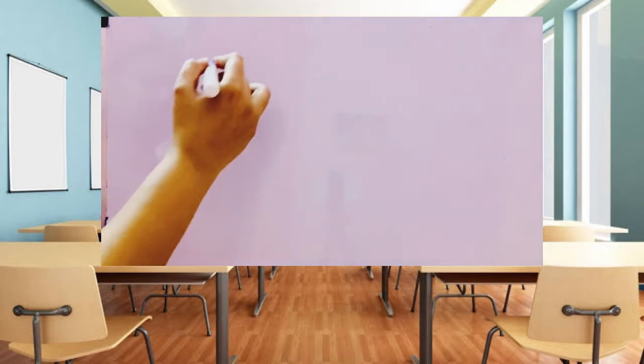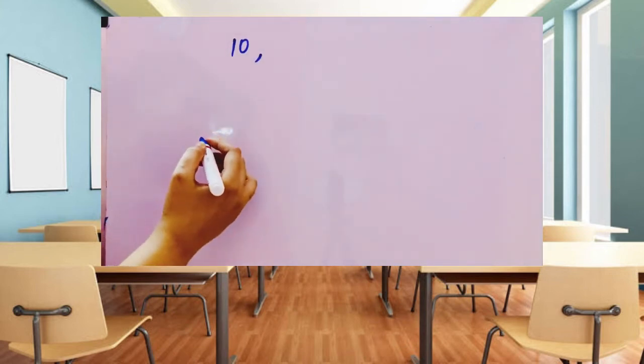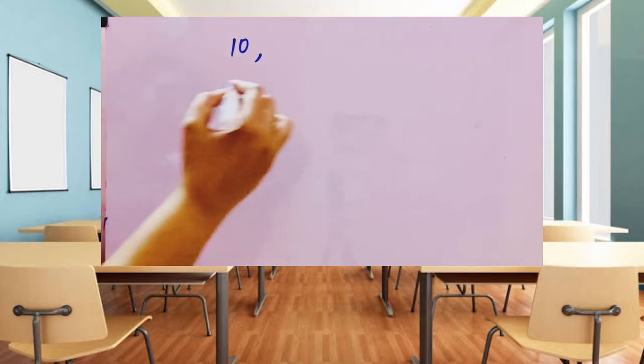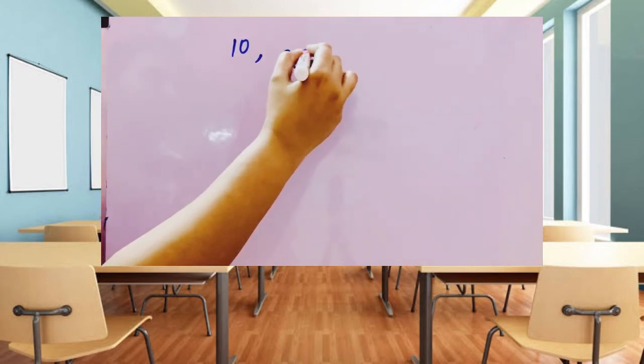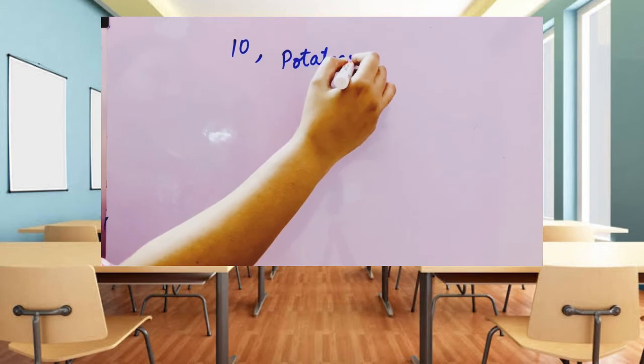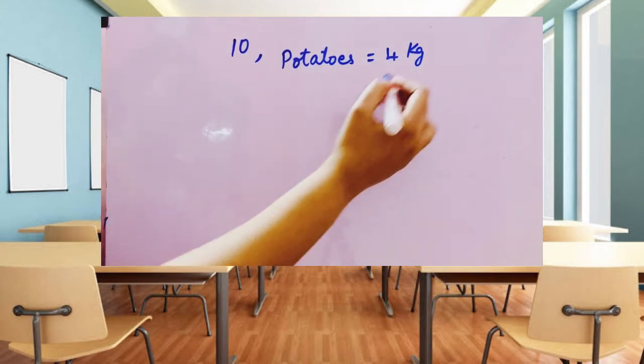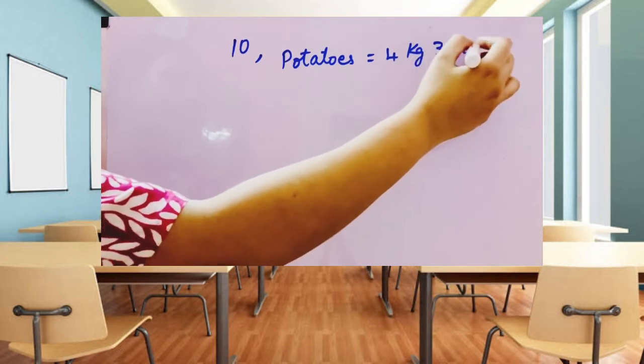So first one, Arvind bought 4 kg and 350 gram of potatoes. So potatoes weight is 4 kg and 350 gram.